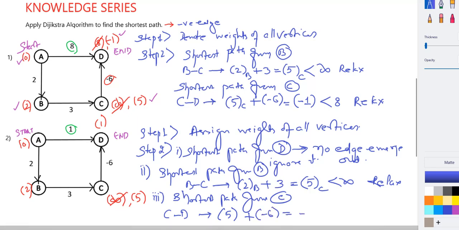How much is it? Minus 1. And minus 1 is less than 1. So it is a relax.